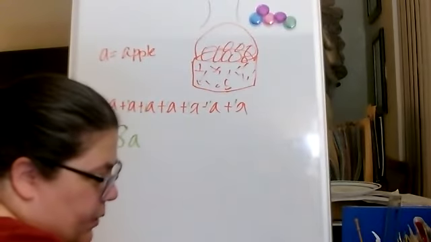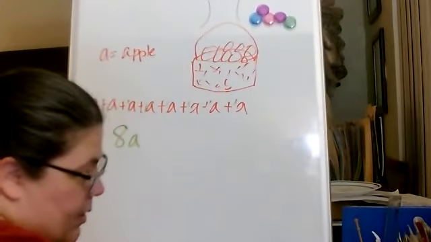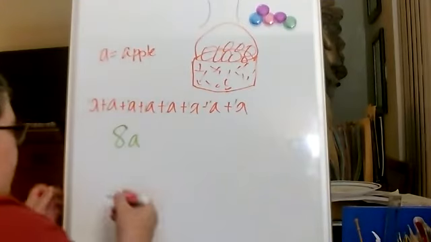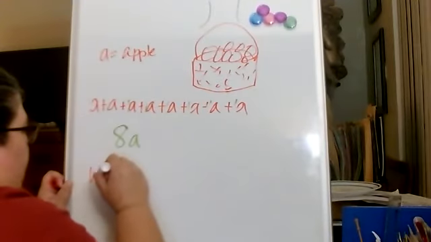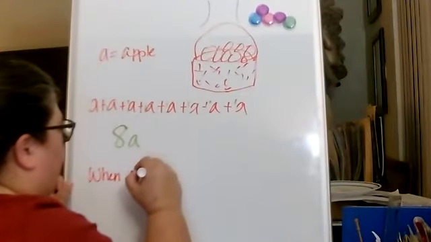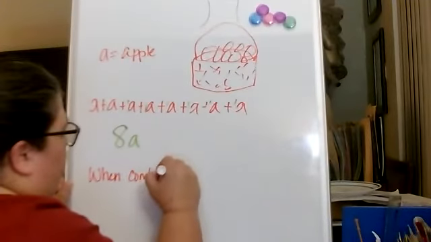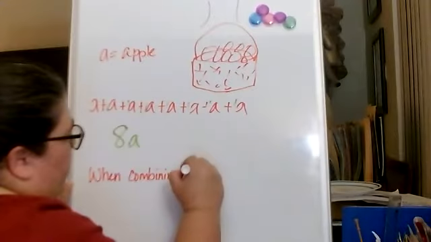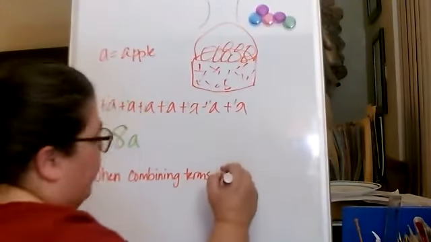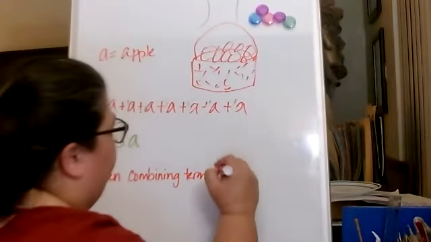When combining terms with the same variable, add the coefficients. So this is a rule of combining like terms.